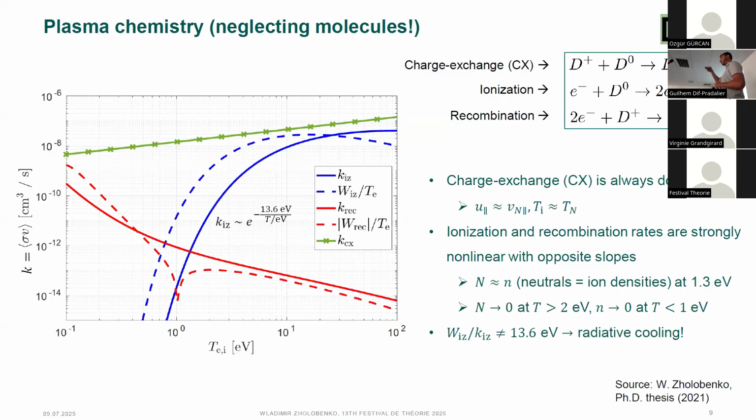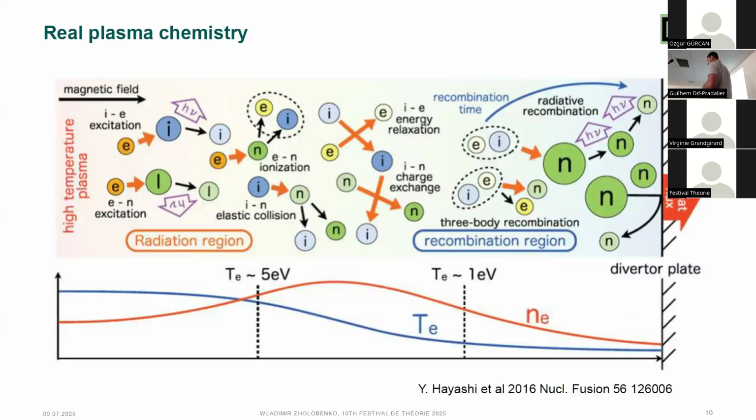They can just hop from a neutral to an ion and they end up in the same atomic and energy state, so it's a resonant process. But the neutrals and the ions in this process, they swap their velocities. And this leads to a fast equilibration of the neutral and plasma flows and temperatures in places where the neutral density is high. This was all without molecules, and this is sufficient for the talk.